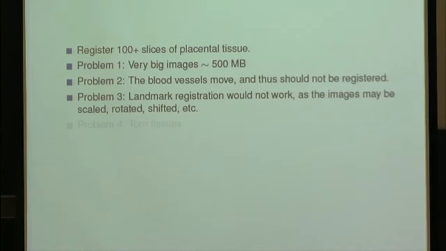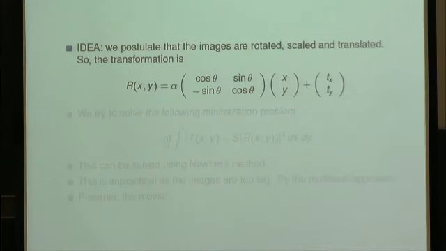Landmark registration would not work, because the images are scaled, sometimes rotated and shifted. Sometimes you have torn tissue. So, in this case nothing works, right. So, the idea here is to postulate that the set of images differ by being rotated, scaled and translated, right.